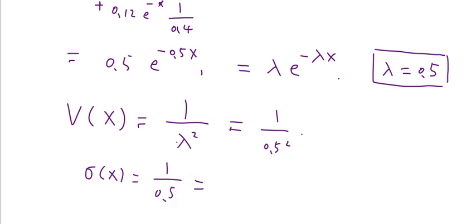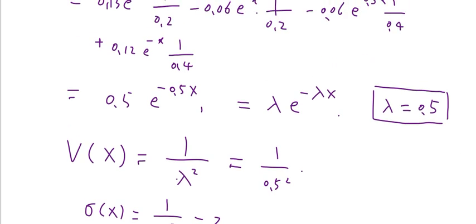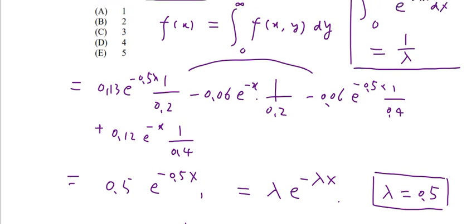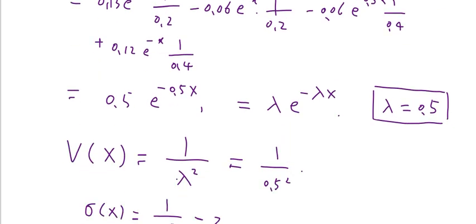So the standard deviation sigma equals 1 over 0.5, which equals 2. Okay, so I think the answer is there. The standard deviation is 2.